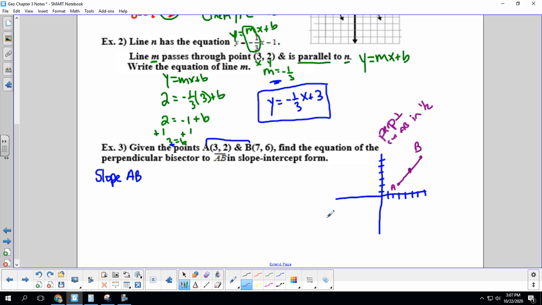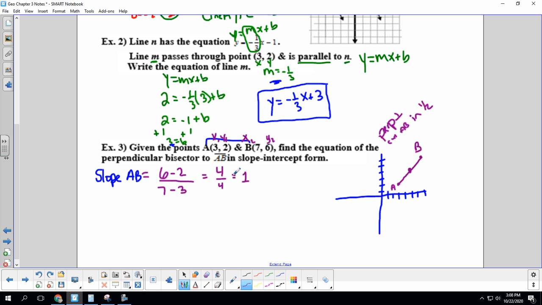Okay, so the first thing, let's find the slope of our line. We can do that because it is the negative reciprocal of AB. So let's find the slope of AB. So it's going to be 6 minus 2 over 7 minus 3. 4 over 4, or 1. So we want to think of 1.